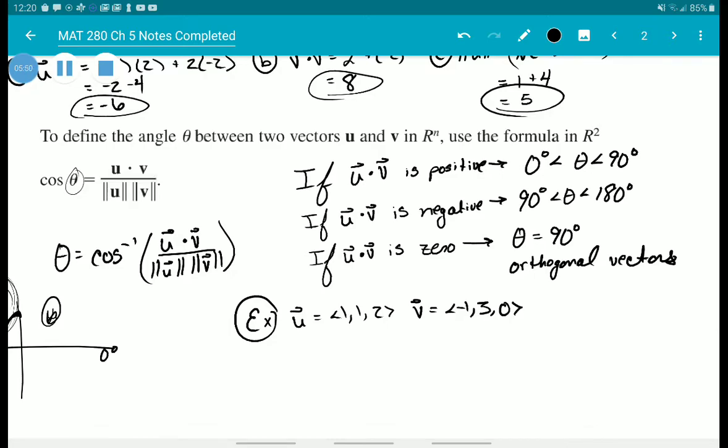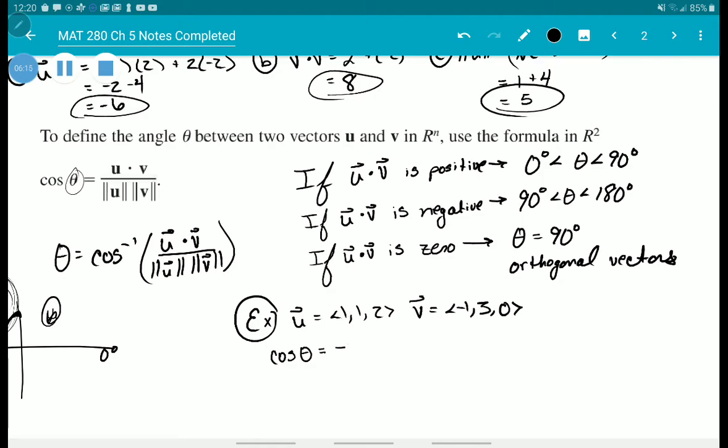So let's look at an example of how to apply that. And I'm going to use the last vectors we graphed in GeoGebra. So let's let U be 1, 1, 2 and V be negative 1, 3, 0. So to find the angle between the two vectors, it's going to be the dot product divided by the product of the norms.